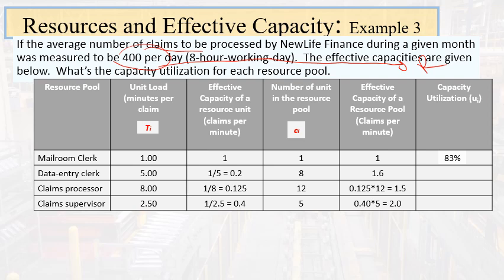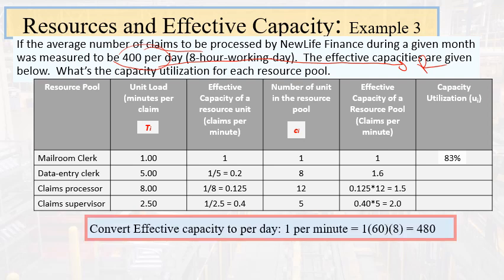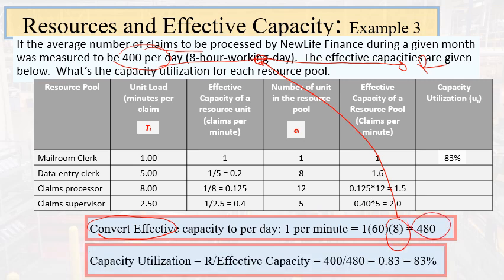Given a month, it was measured to be 400 claims per day, which is R. So we have to convert our effective capacity from the previous example by multiplying it by 60 times 8, because we have 8 working hours and that number was in minutes, so we get 480. Now the capacity utilization is just R over the effective capacity, which gives us 0.83, or 83%.